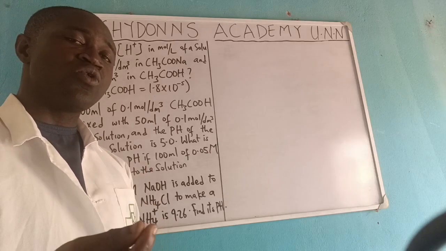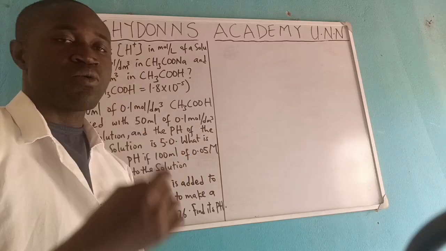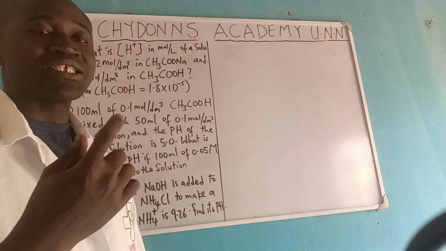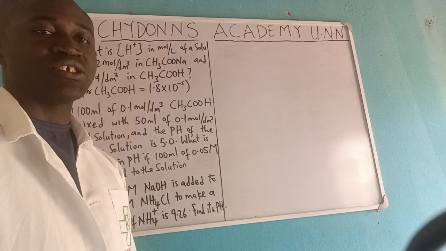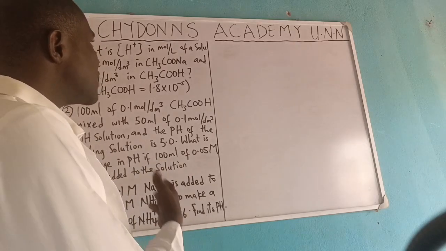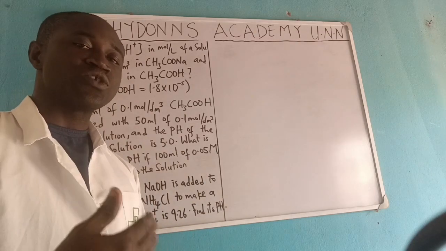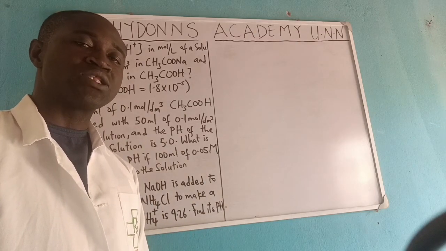It is only when you add the acid or the base in a small quantity that it resists the change of its pH. So we say buffer solutions are solutions whose pH resists change on addition of a little quantity of acid or base.